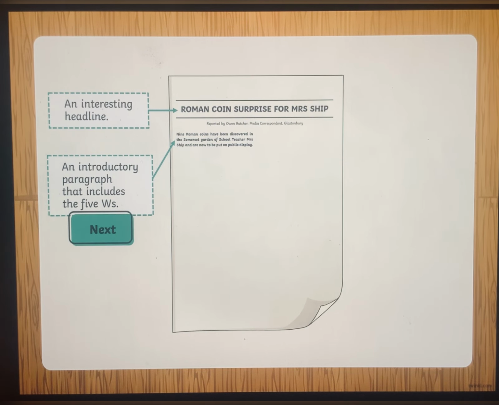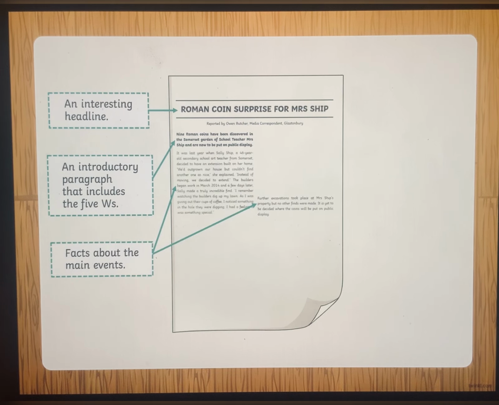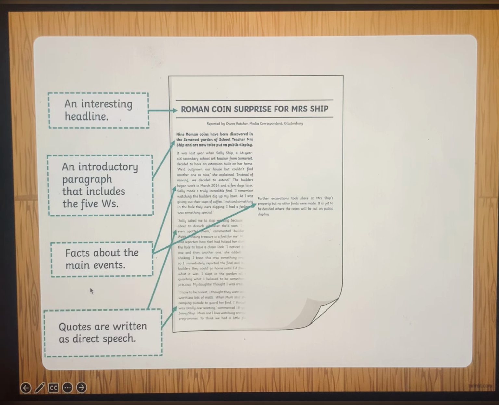Next is an introductory paragraph that includes 5 W's. Facts about the main events that happened, an absolute validation of what, where, why, everything. Quotes are written as direct speech. So have I written in my direct speech? Like Sally asked me to stop because I was about to disturb, and all these aspects that you do.